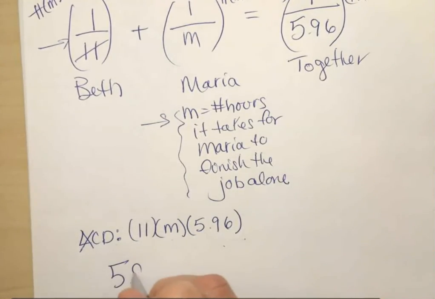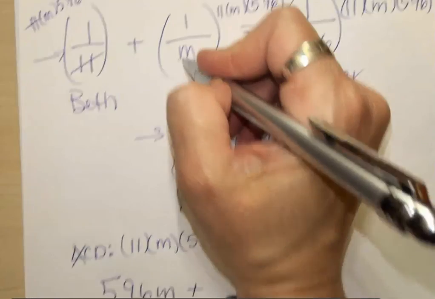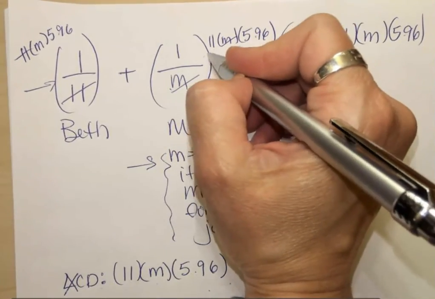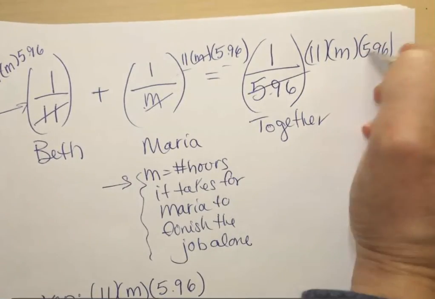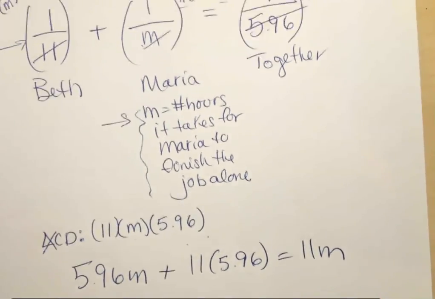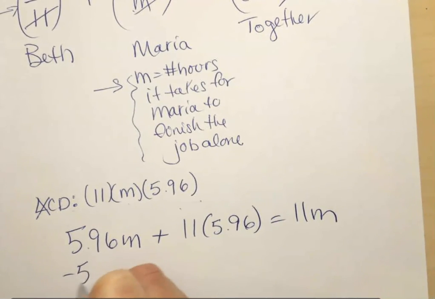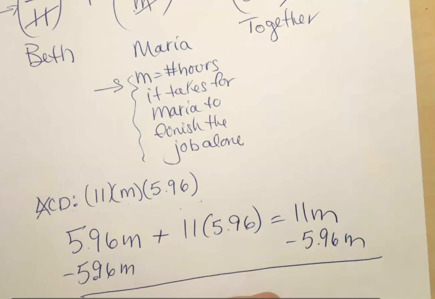We have 5.96m plus our m's cancel, 11 times 5.96, and then our 5.96s cancel, and I get 11m. All right, I'm going to get rid of my 5.96m, and I can solve from there.